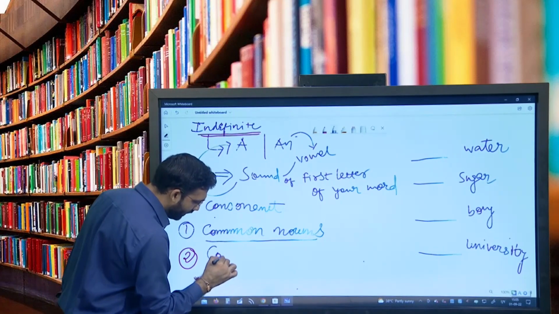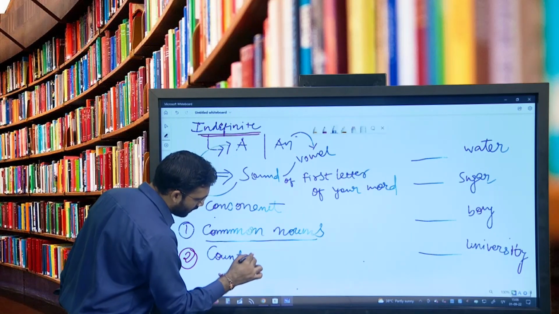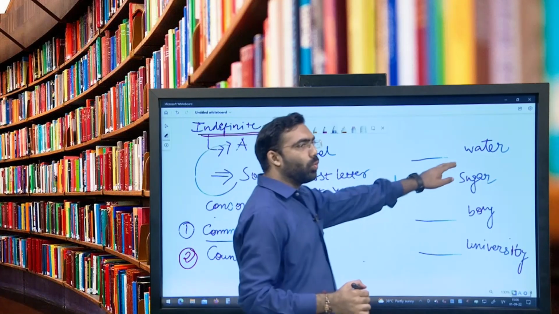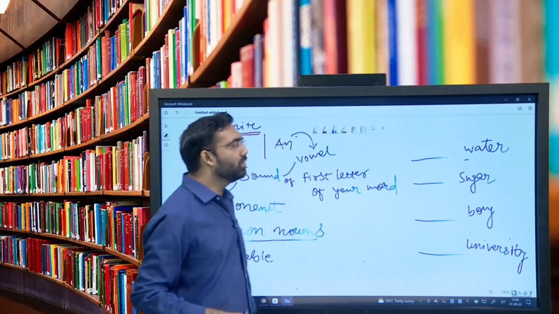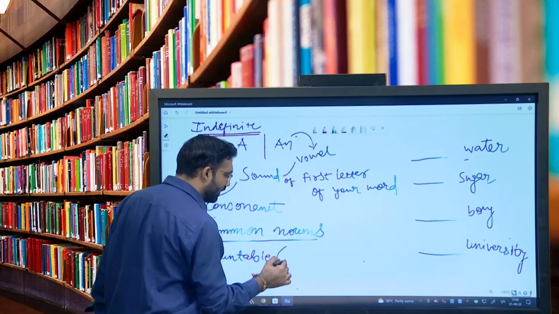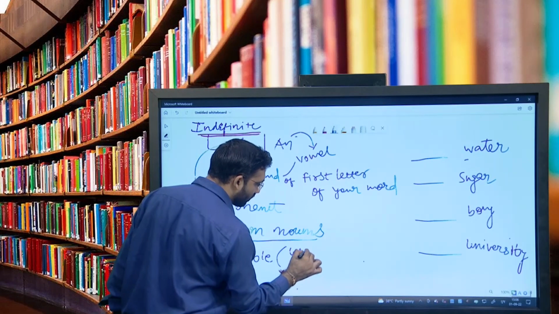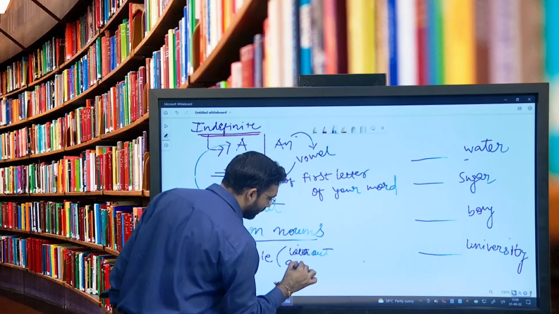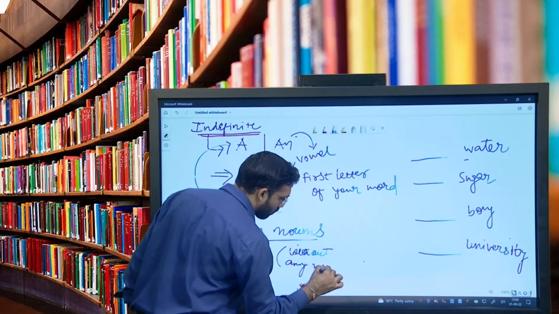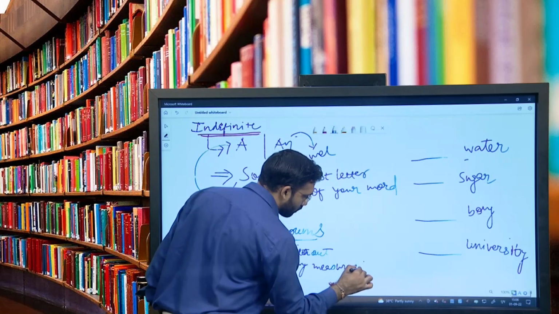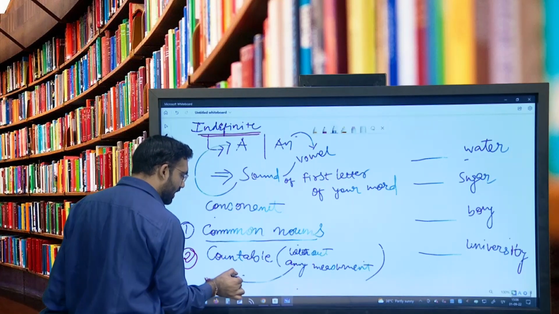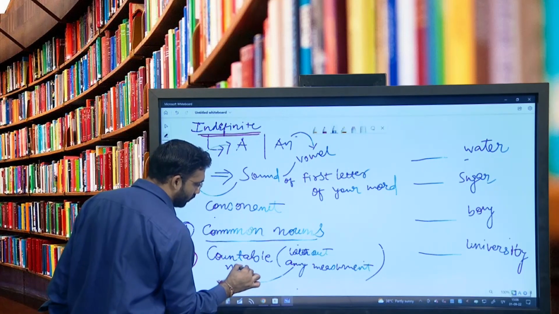It should be countable. Countable noun means it can be counted without any measurement. When you are able to count, they are called countable nouns.